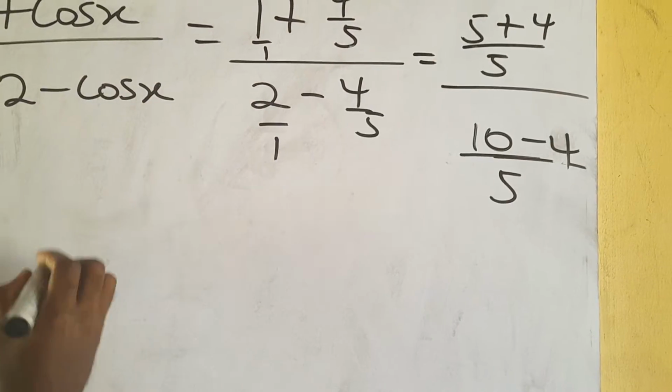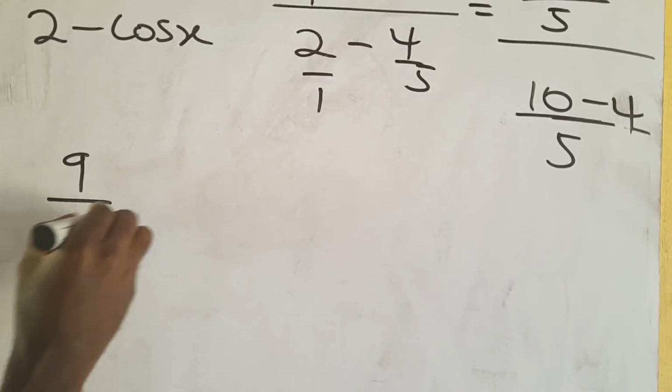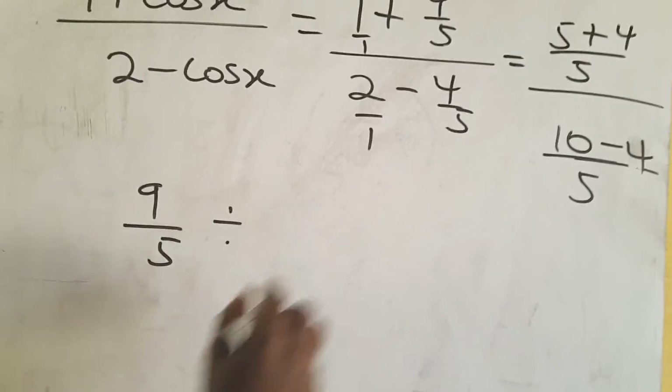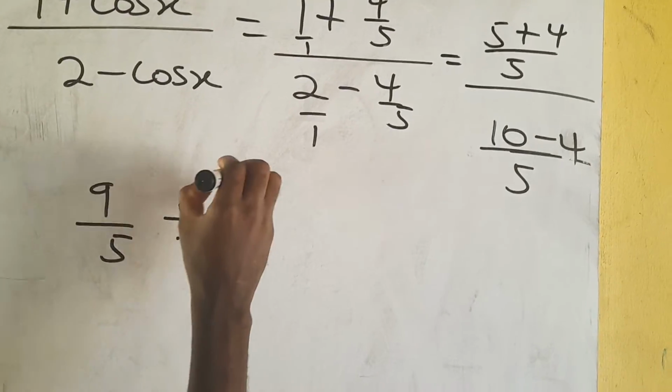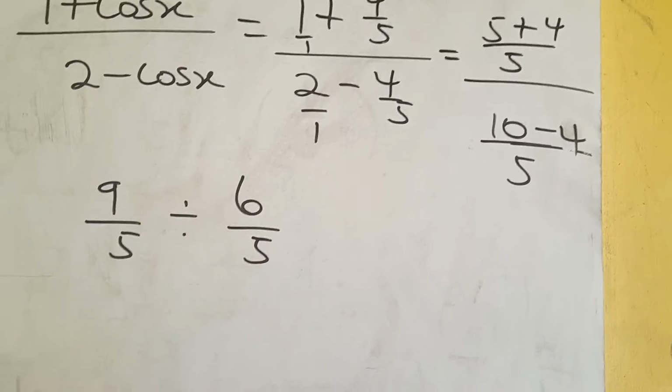So 5 plus 4 will be 9 over 5, divided by 10 minus 4, which is 6 over 5.